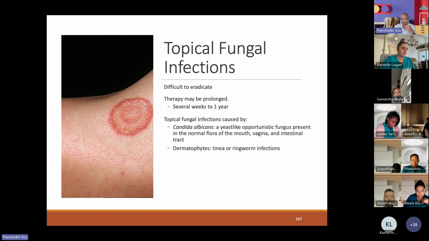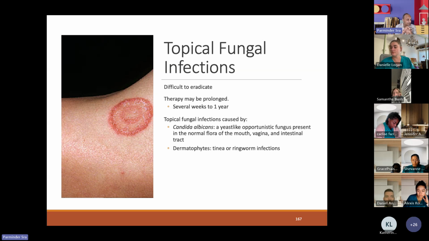Okay. Now, as far as the treatment, you start with the least, and the least are the topical. Topical antifungals usually end with azole, like clotrimazole, miconazole. They are your azole antifungals for skin and nail infections.